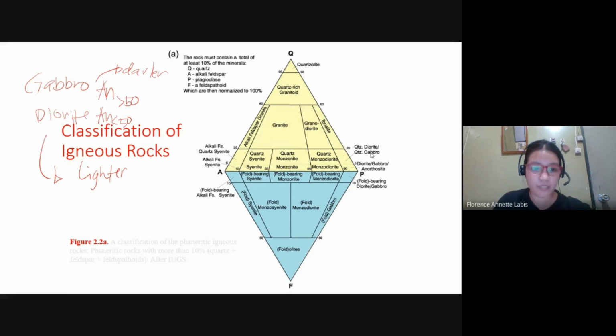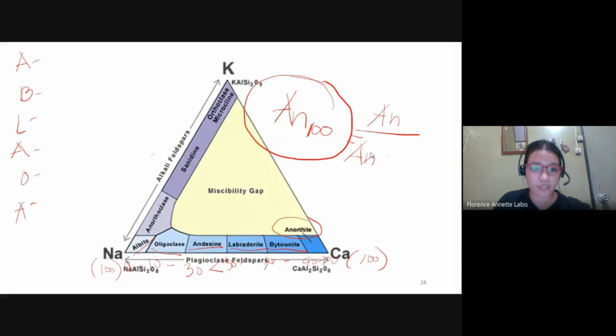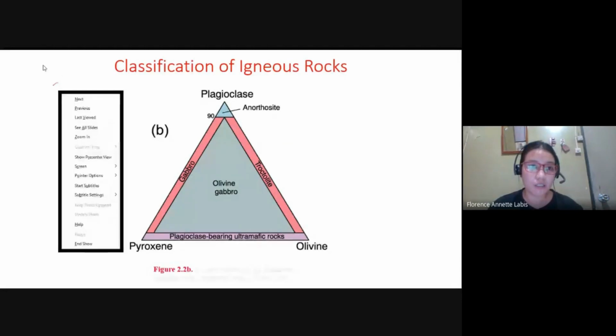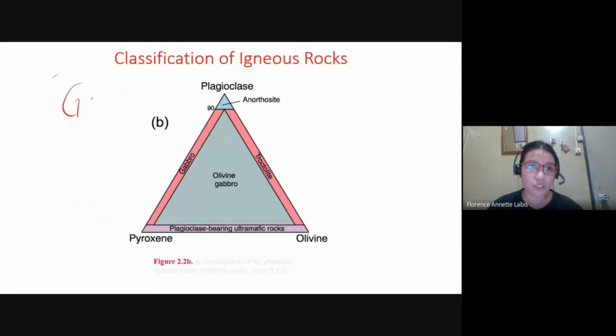Next. So again, we're still with the intrusive rocks. We also use this ternary diagram when identifying gabbroic rocks. This is for gabbroic rocks only.